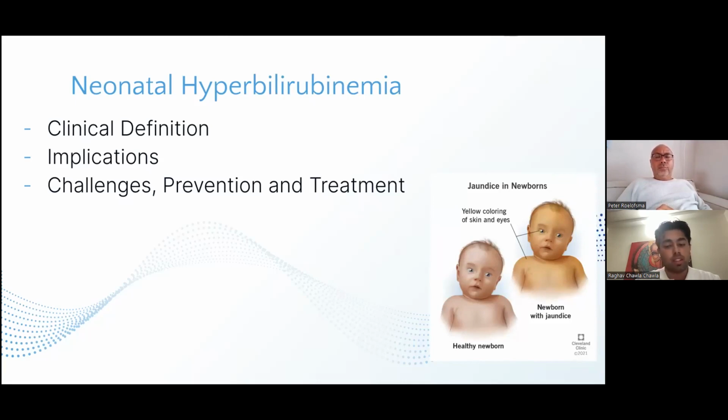But sometimes this does not happen if, for example, the neonate has a few risk factors such as a high gestational weight or low gestational age, and if the neonate has incompatibility with the mother's blood type and liver problems.